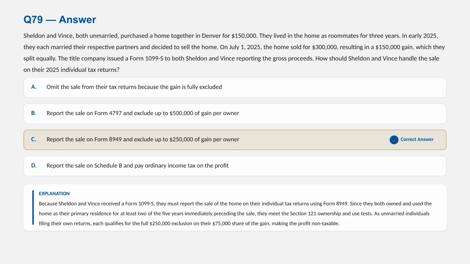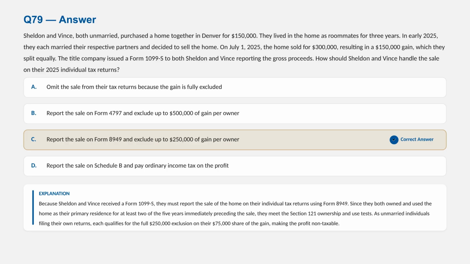Since they both owned and used the home as their primary residence for at least 2 of the 5 years immediately preceding the sale, they meet the Section 121 ownership and use tests. As unmarried individuals filing their own returns, each qualifies for the full $250,000 exclusion on their $75,000 share of the gain, making the profit non-taxable.